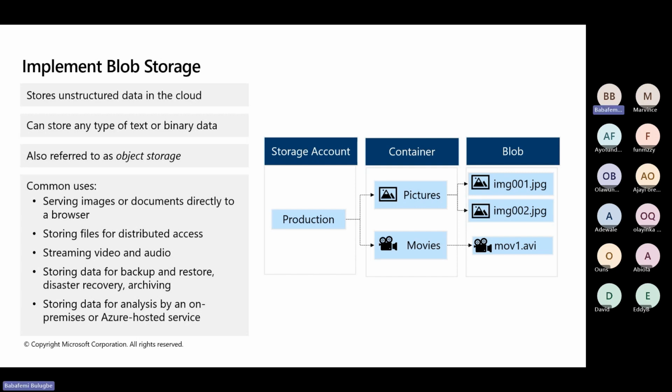Those are some of the unstructured data that we use blob storage for. This explains that the type of data blob storage stores can be text or binary data, and it's also referred to as object storage. So common uses is what you have here.